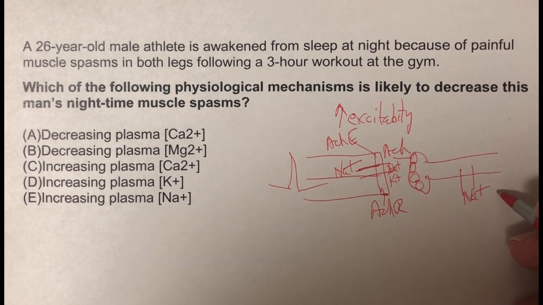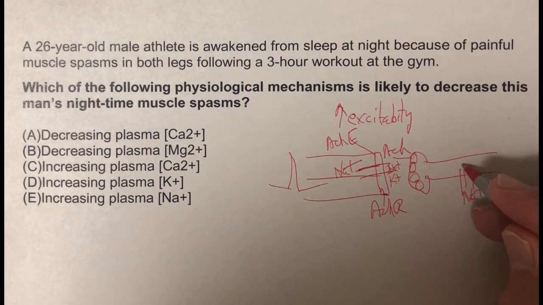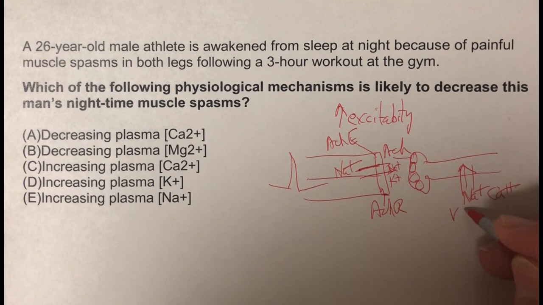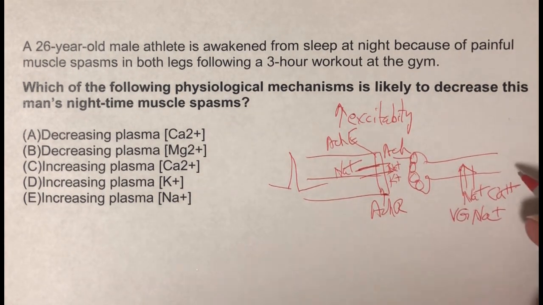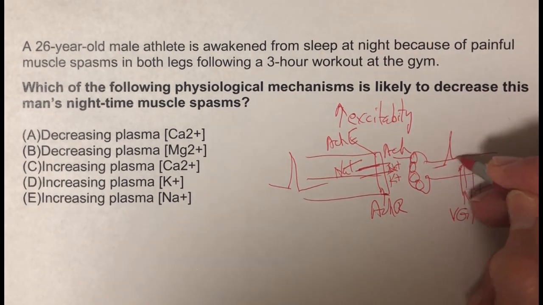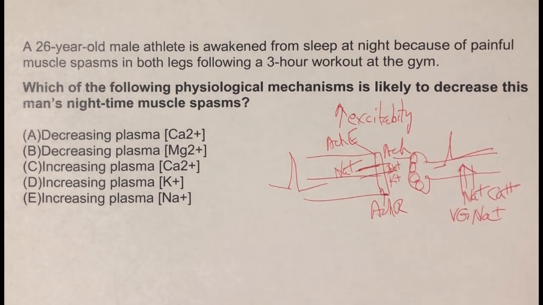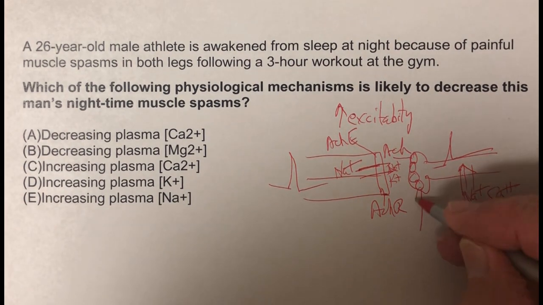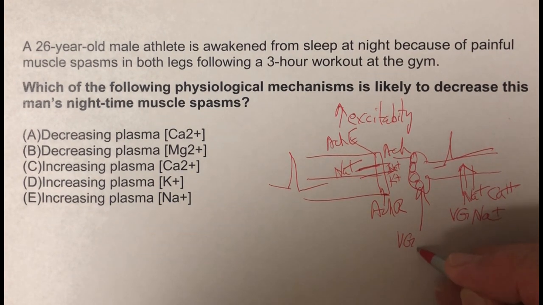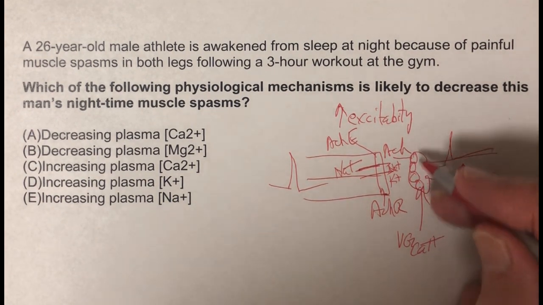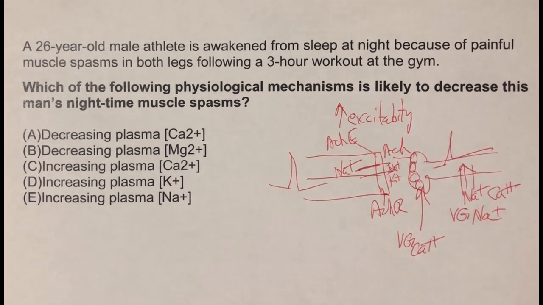What calcium does in the plasma, it blocks a little bit the voltage-gated sodium channel. The voltage-gated sodium channel is responsible for generating the action potential that's going to release the acetylcholine. There's also a voltage-gated calcium channel that's going to help in exocytosis of acetylcholine.